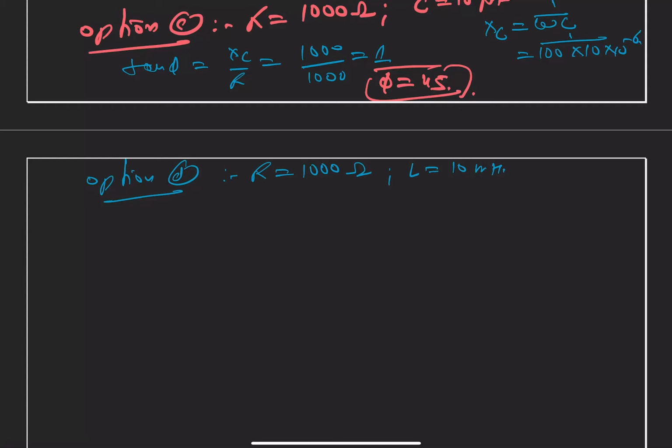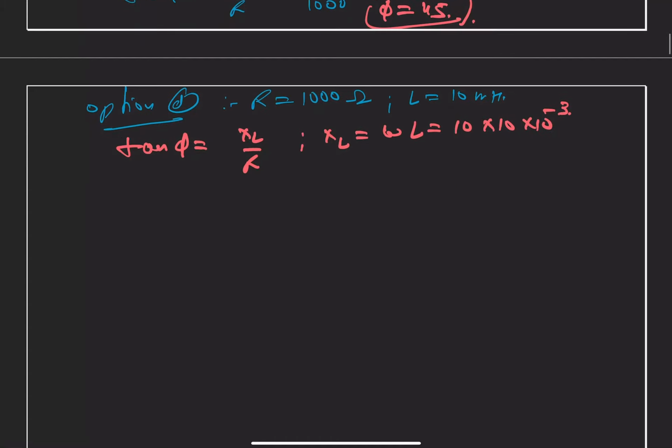Tangent of phi is equal to XL upon R, and XL is omega L. Omega is 100, and L is 10 into 10 to the power minus 3.